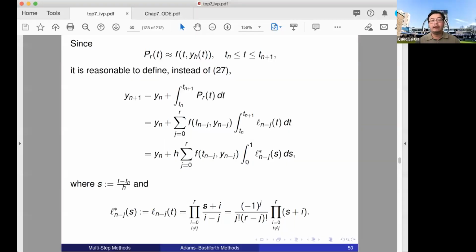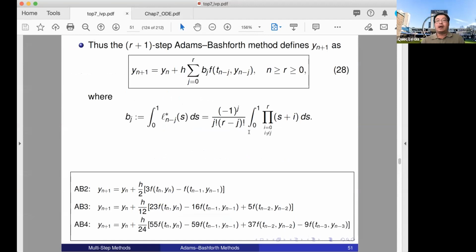It will be a form like this, a product of (s plus i) over (i minus j). So you can reduce to this form, and then after that you integrate that and you get out the methods. So this one is AB2, AB3, AB4. And so we stop here.